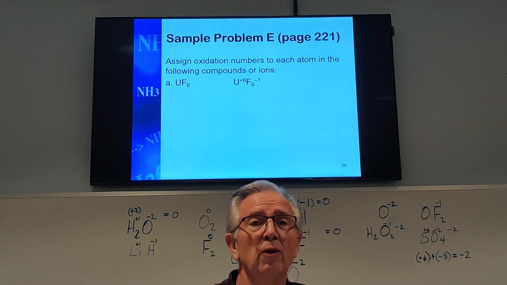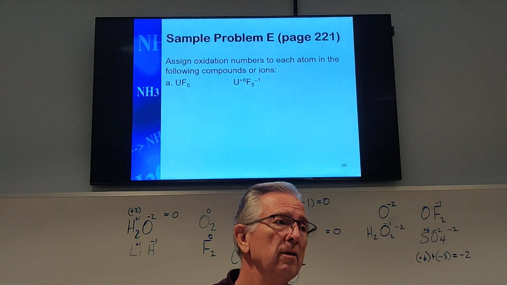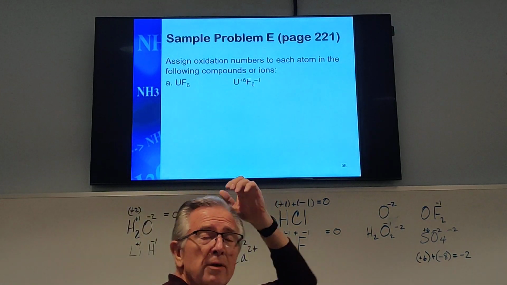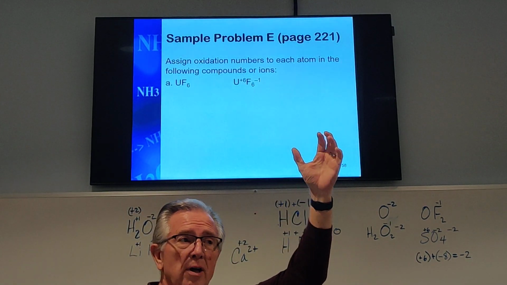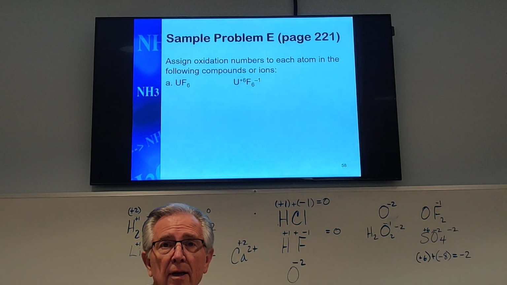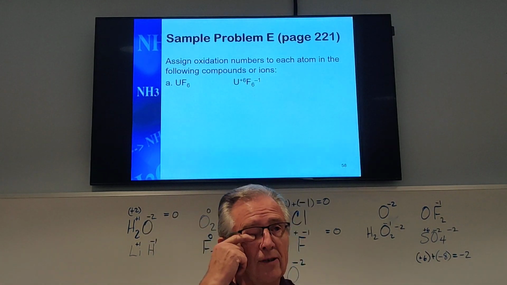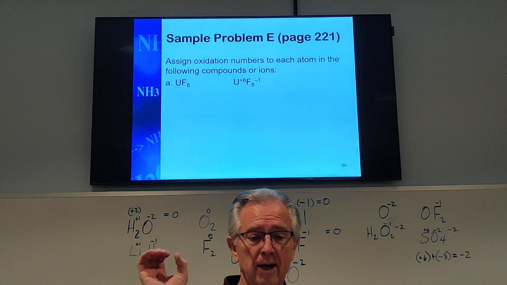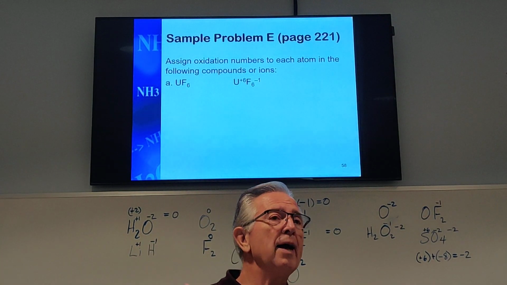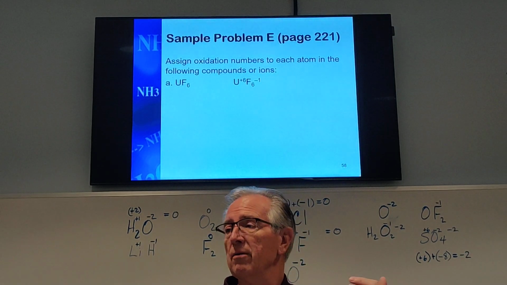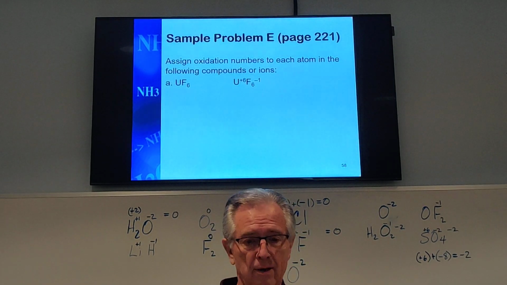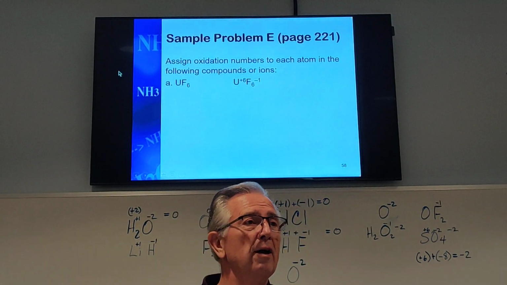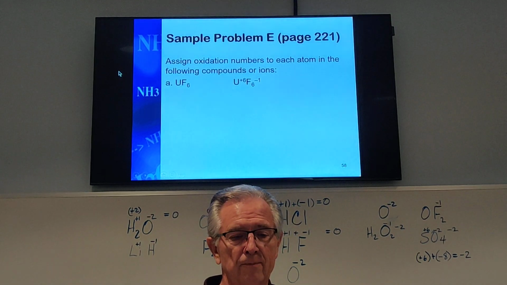Fluorine, and fluorine is always -1. So I have -1, and there's 6 of them, so that would be a total charge of -6. And we had a rule that says all of these need to add up to what? 0. So what would I add to a -6 to get 0? +6. So that's why uranium's +6 and fluorine's oxidation number is -1.